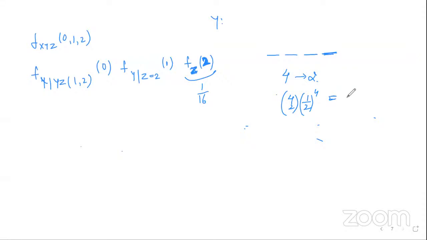That's what it is. 6 divided by 16, right? Correct. Now, if y given z equal to 2 of 1, it means that on the first 4 tosses you have 2 heads, and on the first 2 tosses you have just 1 head. Okay, so you can have many choices here. So you can have HT.